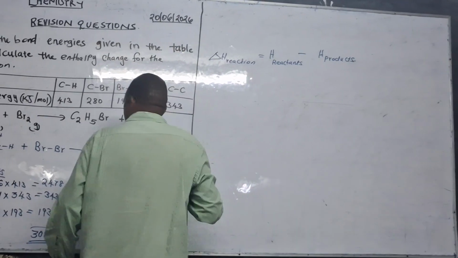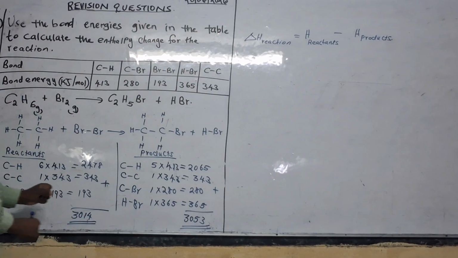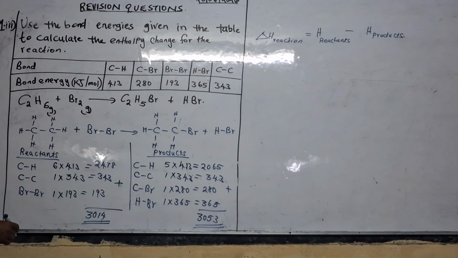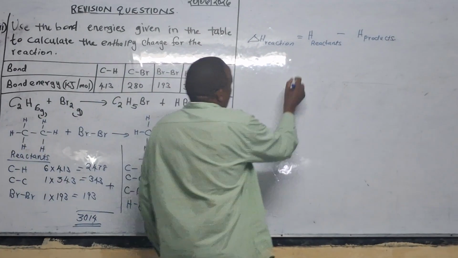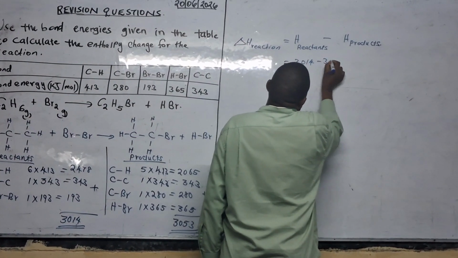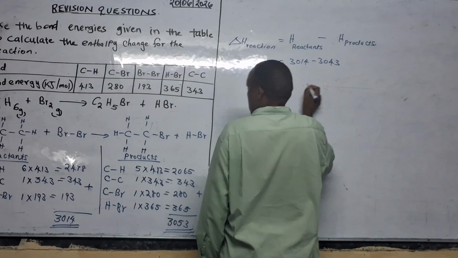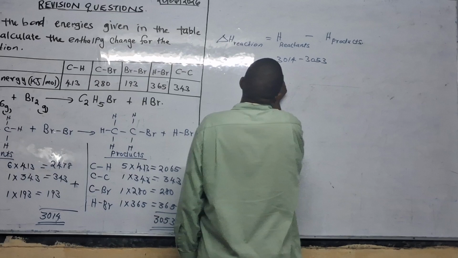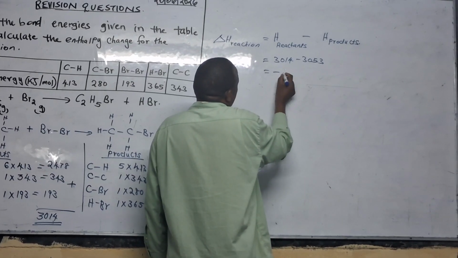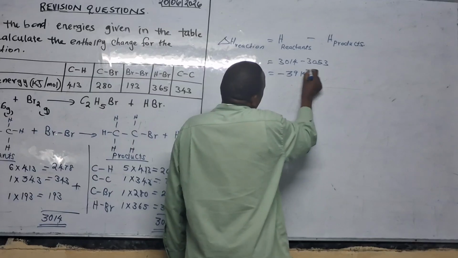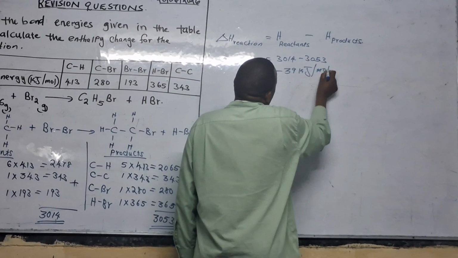The reactants are on this side of the arrow. So that is 3014 minus 3053. What do you get? Negative 39 kilojoules per mole.